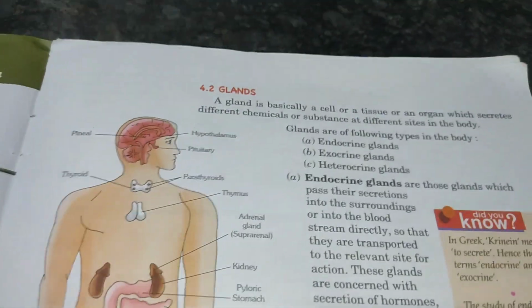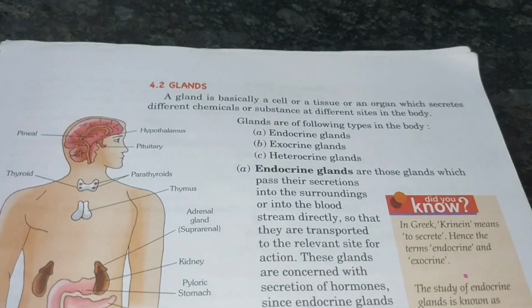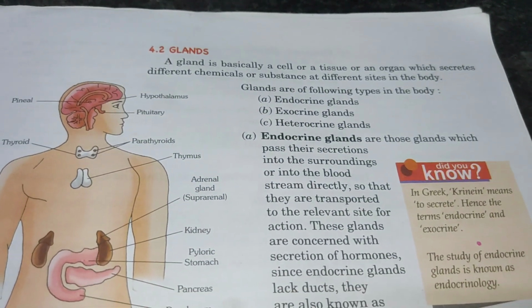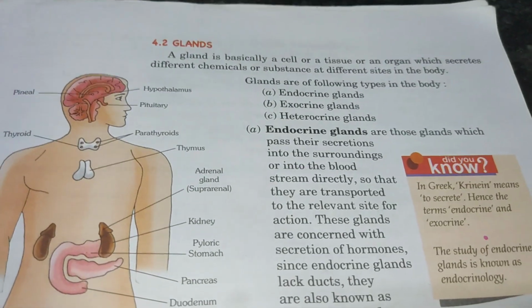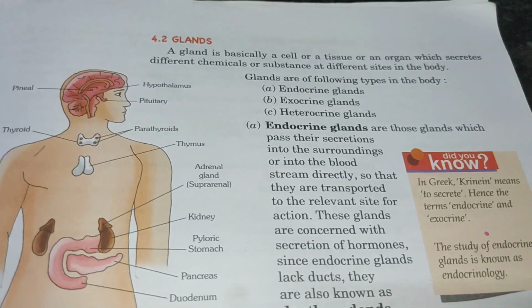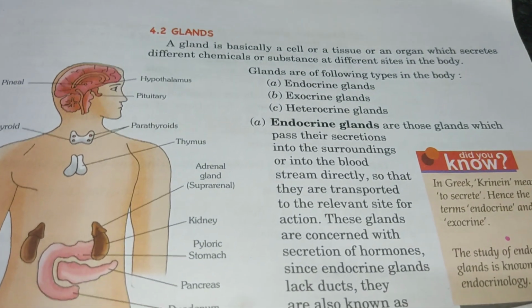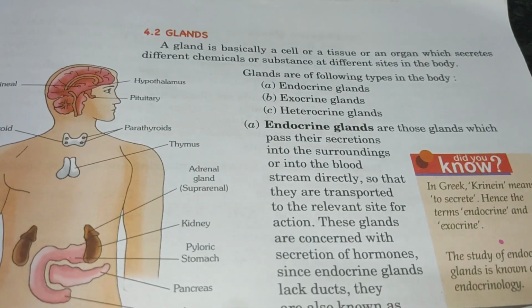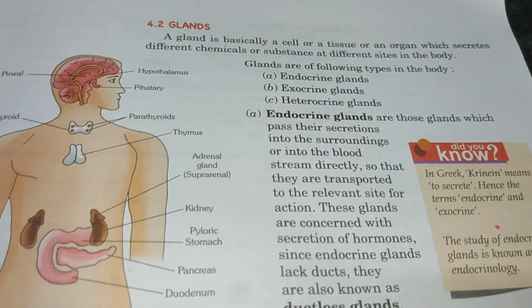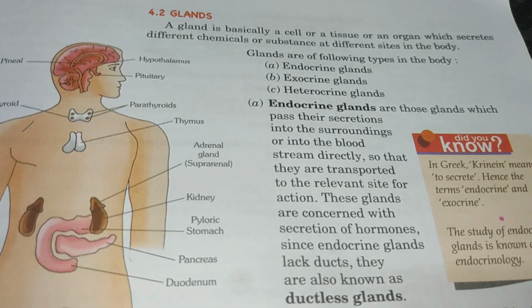Next is glands. A gland is basically a cell, tissue or organ which secretes different chemicals or substances at different sites in the body. Glands are of different types: endocrine glands, exocrine glands, and heterocrine glands.